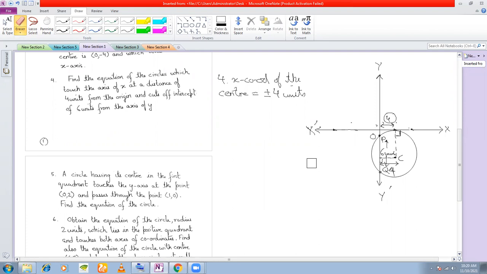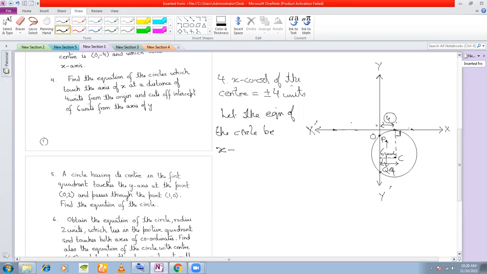Now, therefore, let the equation of the circle be, because I know the x coordinate of the center, and I don't know the y coordinate and the radius, x minus h.